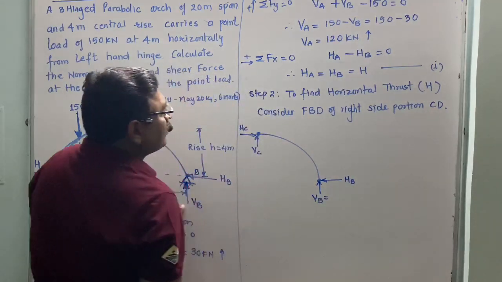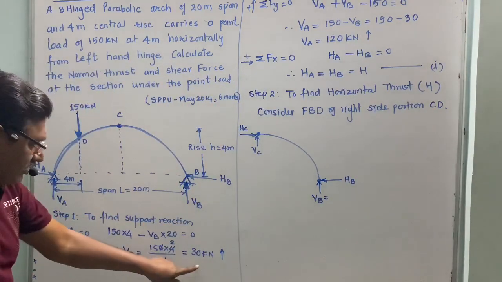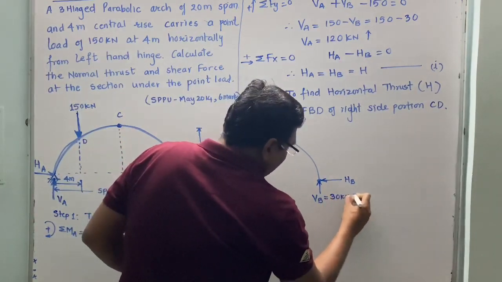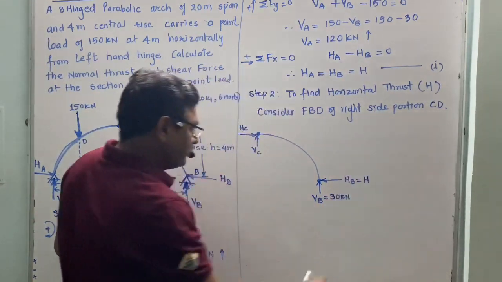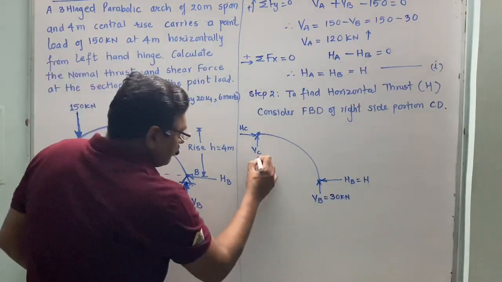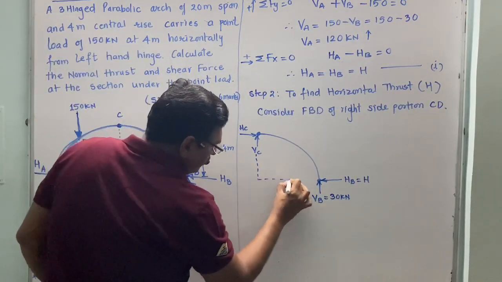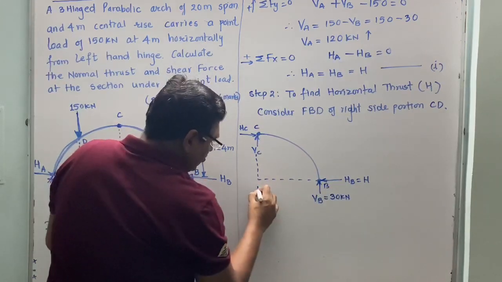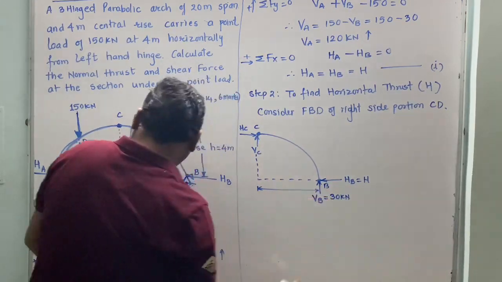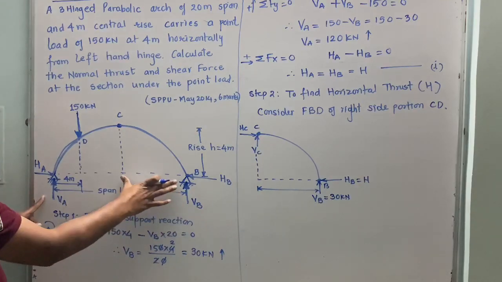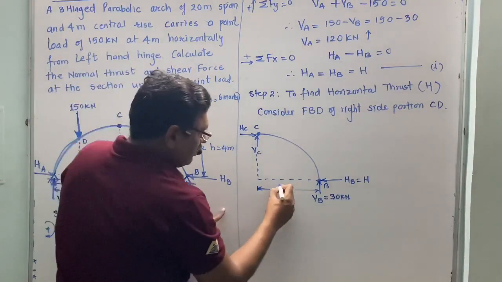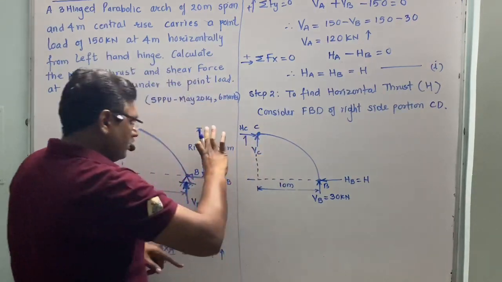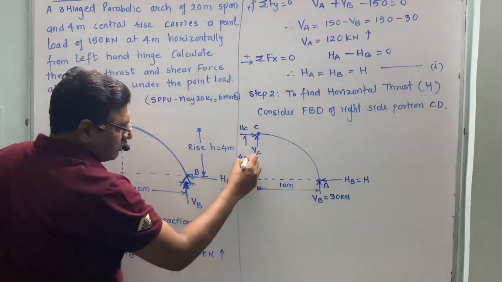VB we already calculated, that is 30 kilonewton, and HB is equal to H. Now this is your C and this is your B. The total span is 20 meter, so the central half is 10 meter and the rise is 4 meter.